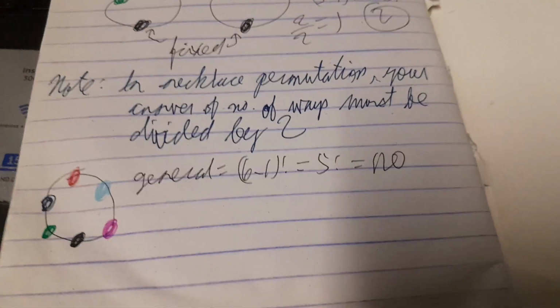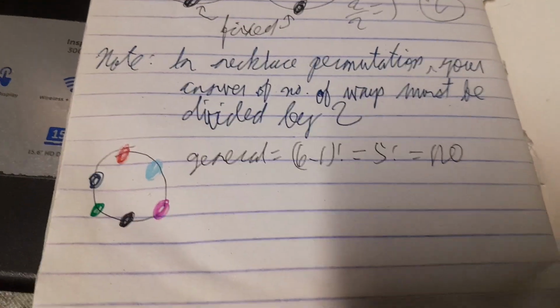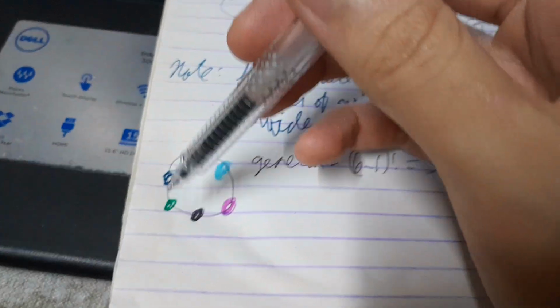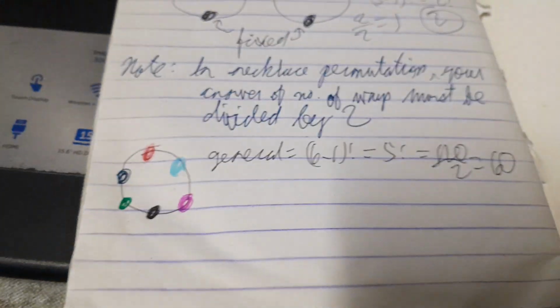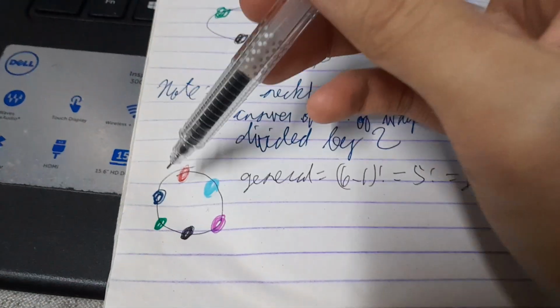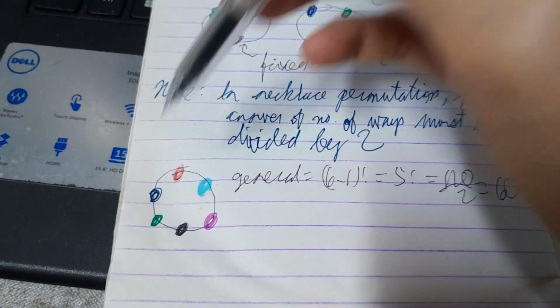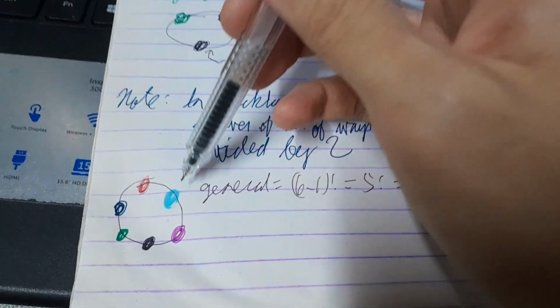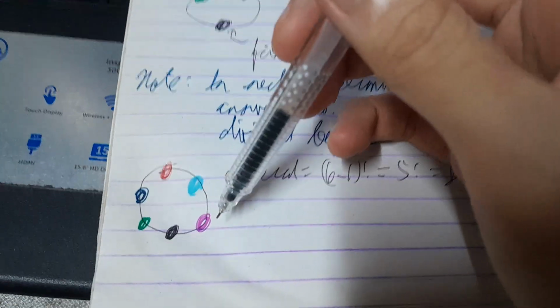But remember what I told you, if this were to be flipped, you have to divide that by 2. So that'll be 60 ways. When you flip it, let's say for example the pink is here if this is your reference, the pink would be here, the light blue here, the red will still be in the same position, the green here, the dark blue here.